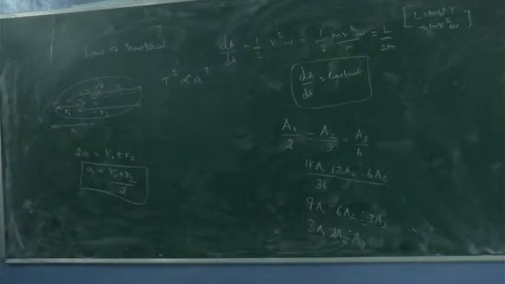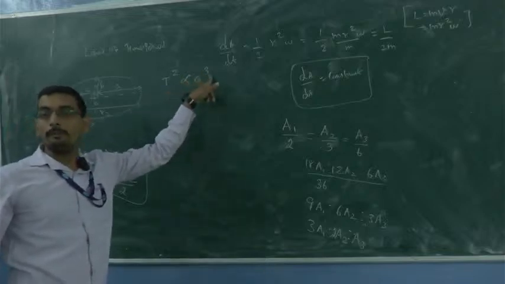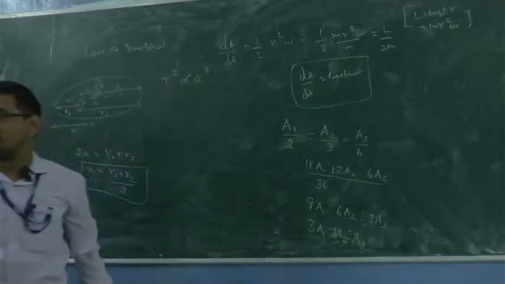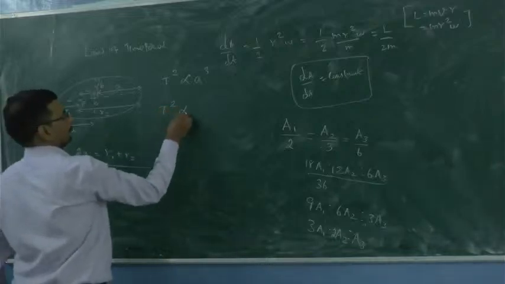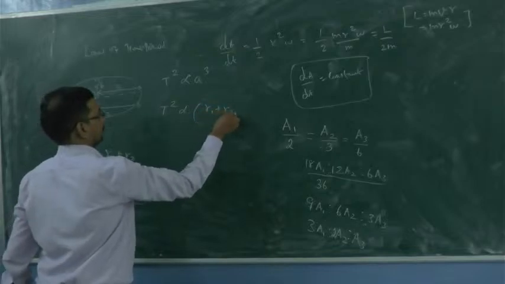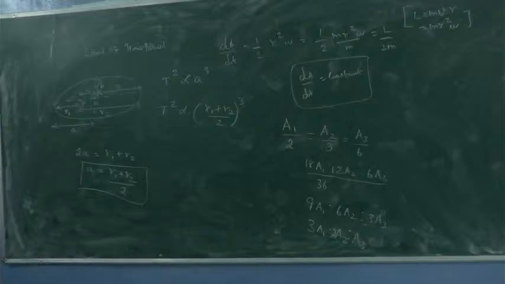Write the statement: square of time period is directly proportional to cube of the semi-major axis.